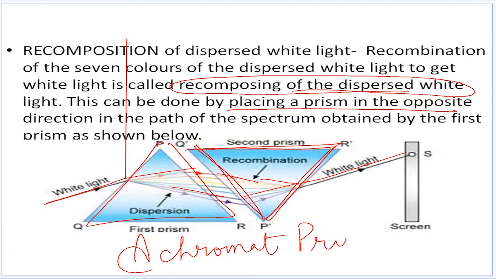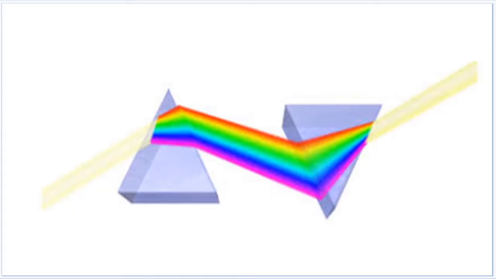An achromat combination is a combination of a dispersing prism and a recombination prism, in which dispersed white light can be recombined to get back white light. Here we have shown a diagrammatic view of how the dispersing prism and the recombination prism recombine to give rise to white light.